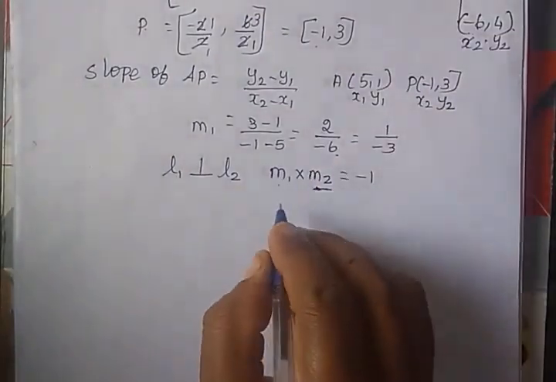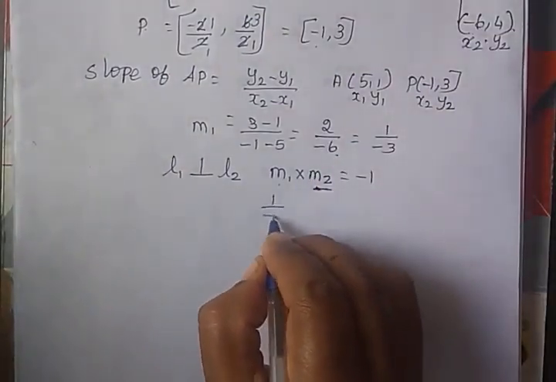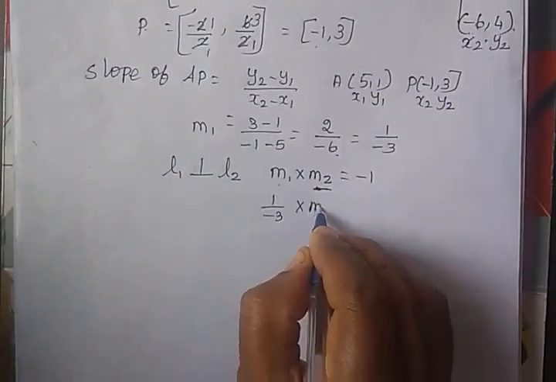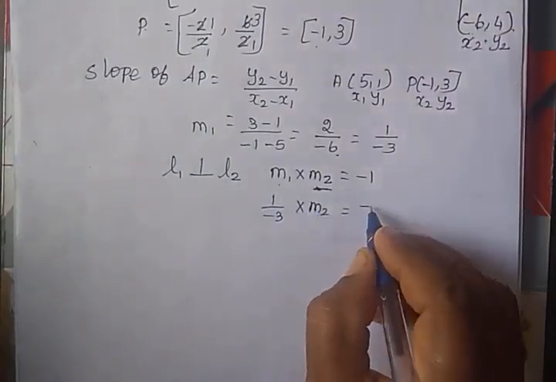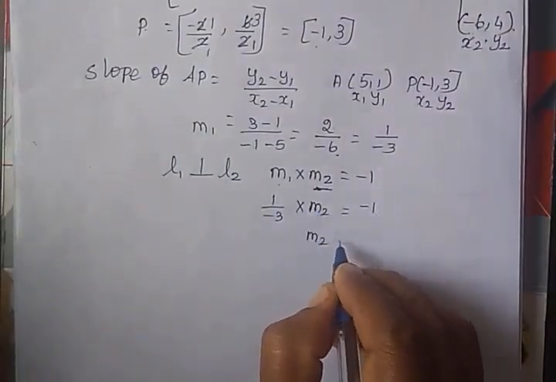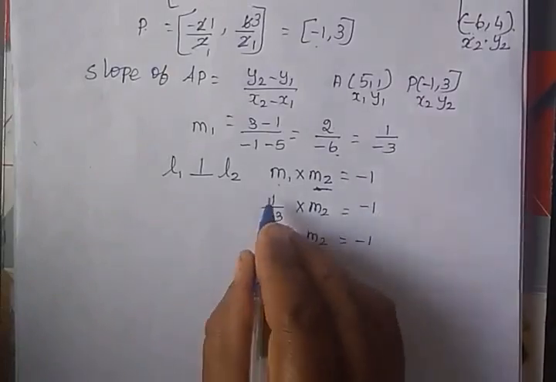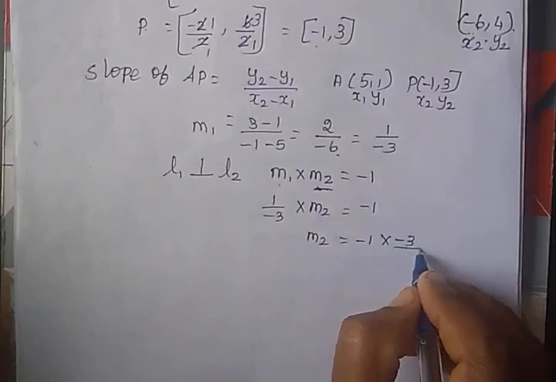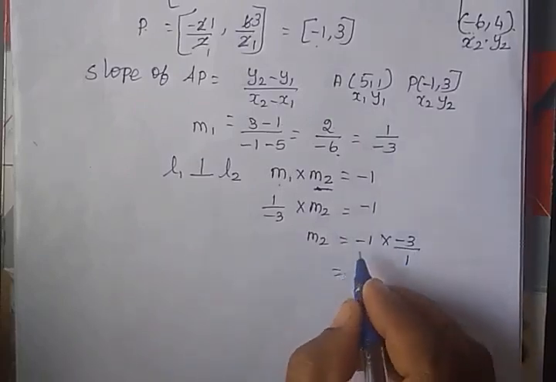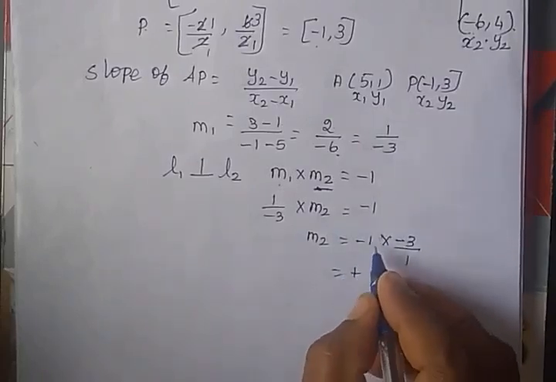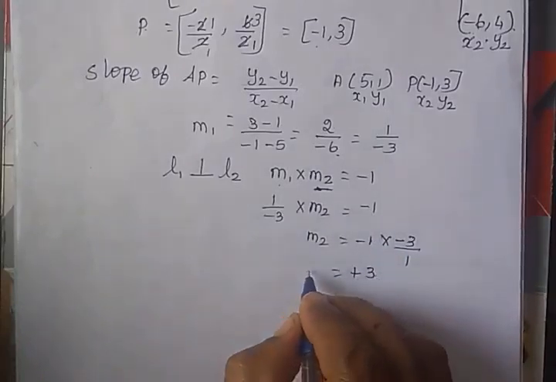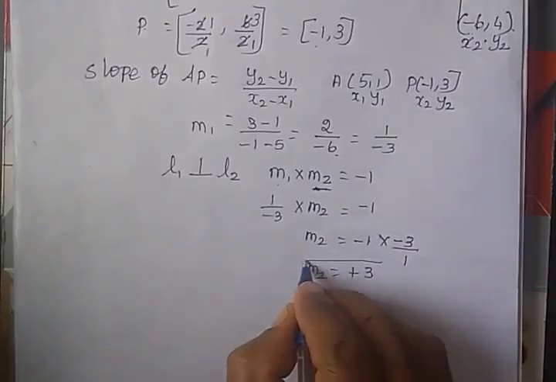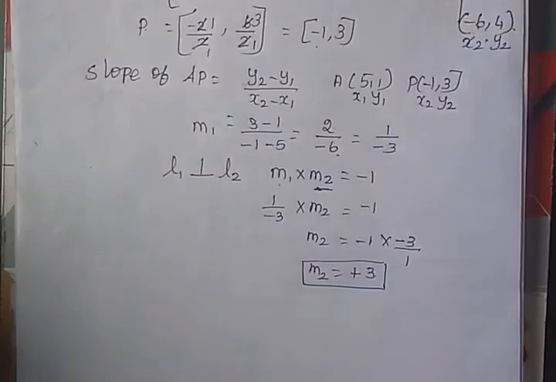So M1 is 1 by -3, into M2 is equal to -1. So M2 is equal to -1 times the reciprocal, -3 by 1. Minus into minus is plus, so the slope of the perpendicular line is plus 3.